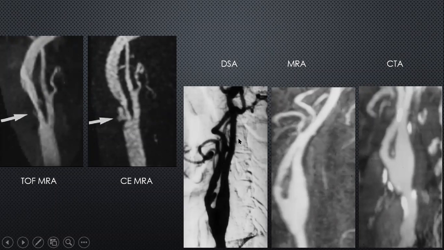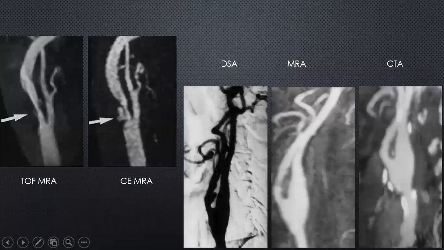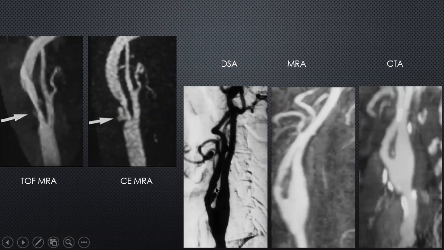And this is a slide to depict the importance of various modalities. This is a DSA, this is an MRA, and this is a CTA. And of course, each one of them has its own role to play, though in terms of imaging of the carotid bifurcation, we hardly ever do carotid angiography now. Most of the patients will get either a Doppler examination, which can be supplemented with either an MRA or a CTA.